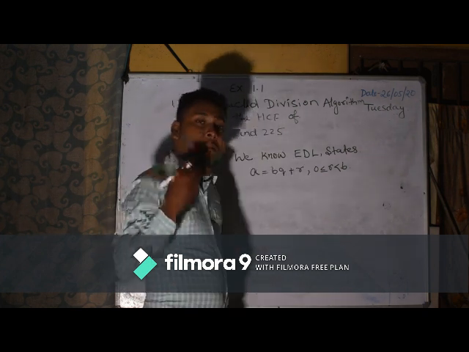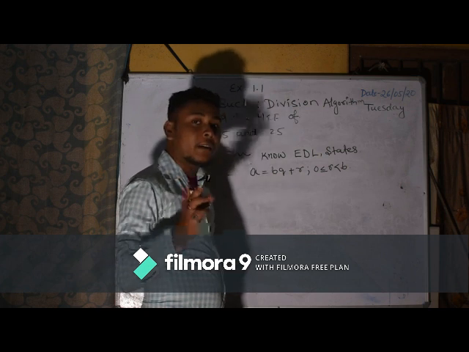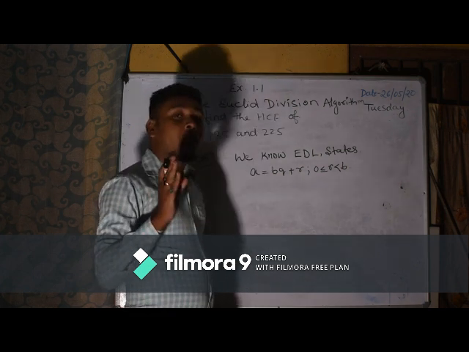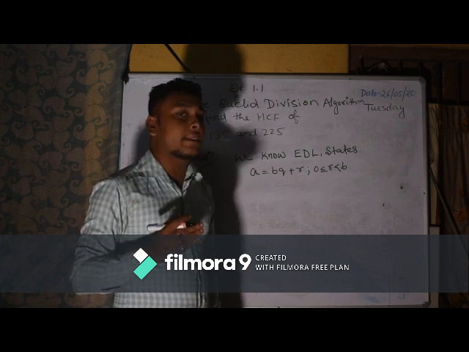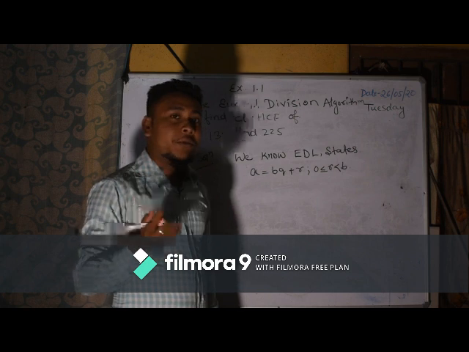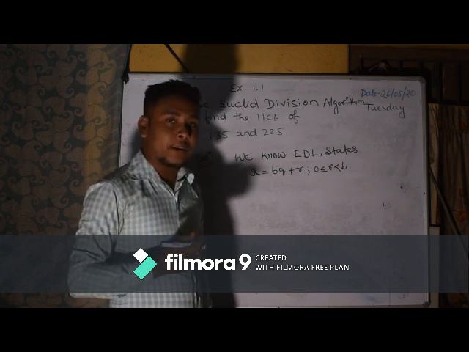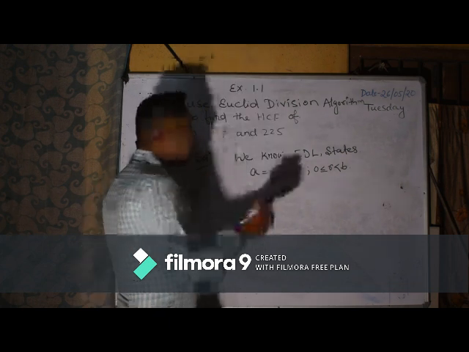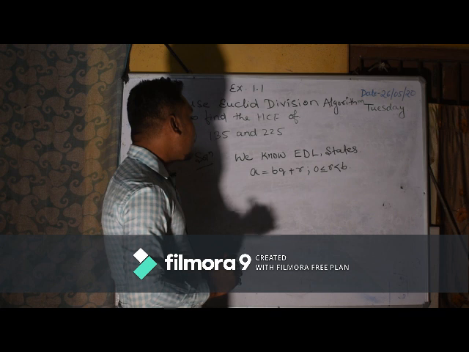For NCERT students, it is mandatory to know all the basic concepts. Without knowing the basic concepts, you cannot go further. Using the guides method, I don't think that it is appropriate. So let us start.